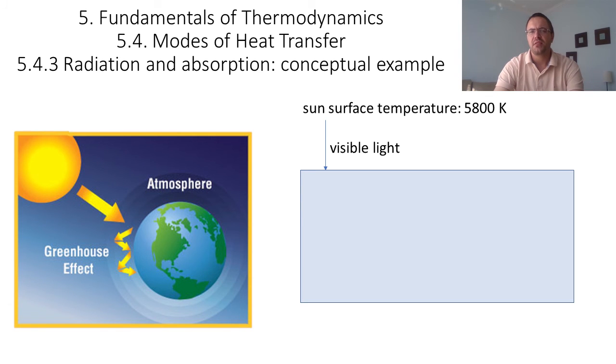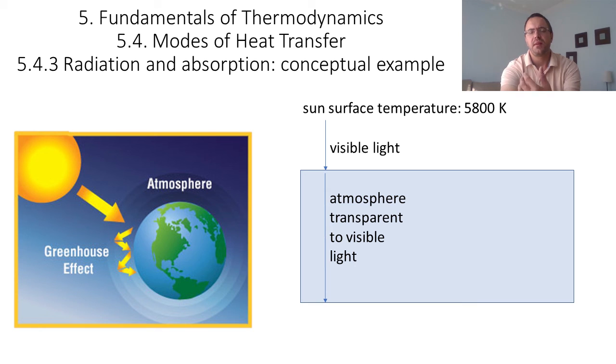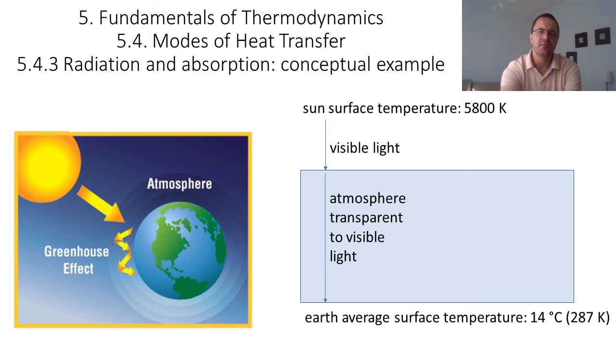Now, the same type of calculation we can do for the entire planet. The Earth receives heat from the sun. The sun's surface temperature is about 5,800 Kelvin, and at that temperature, most of the radiation is in the visible range. And so the atmosphere is transparent to the light waves that are in this visible range, so it will reach the Earth's surface. The Earth's surface averages at about 14 degrees Celsius.